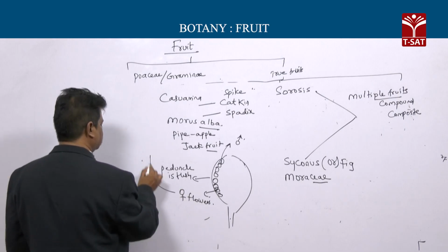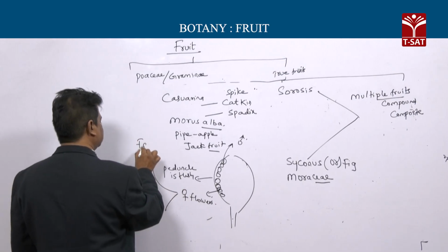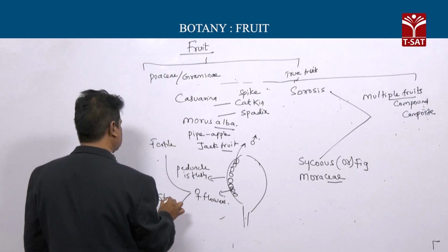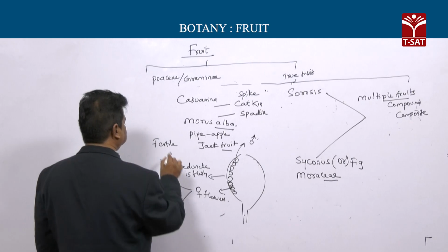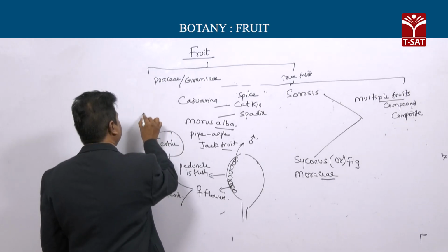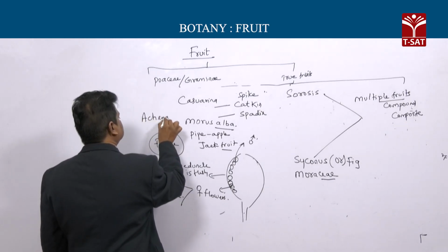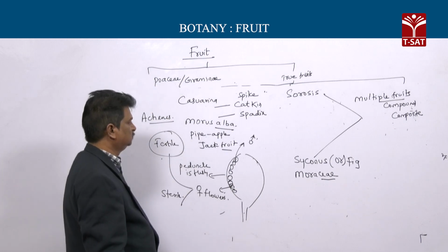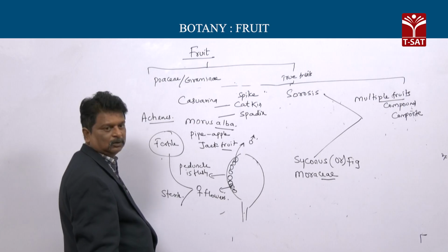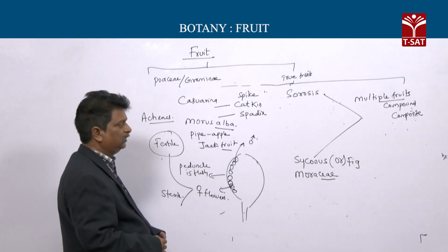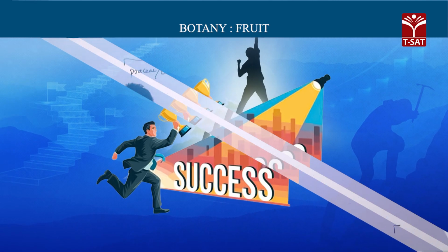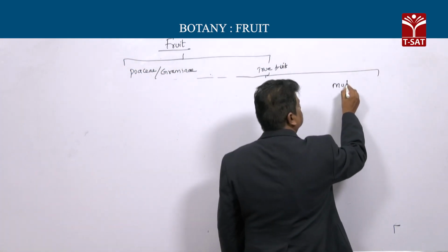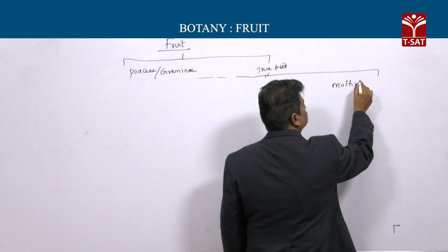Female flowers are of two types, fertile and sterile. These fertile female flowers are converted into achenes, rightly called multiples of achenes. So, multiple fruits.